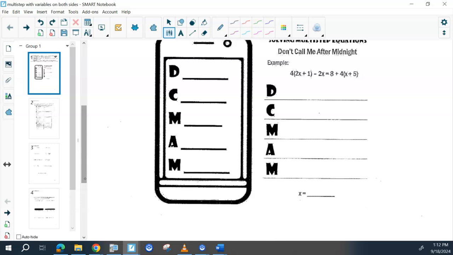If this helps you, use this mnemonic: call me after midnight, or distribute, combine like terms, move the variable or the constant. Before, it was just the constant.